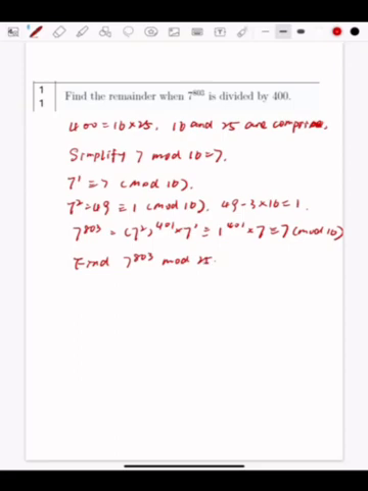We can use the theorem. And then rewrite it.